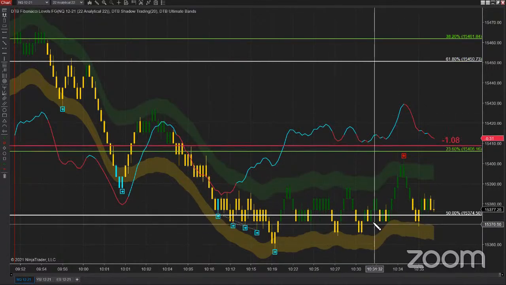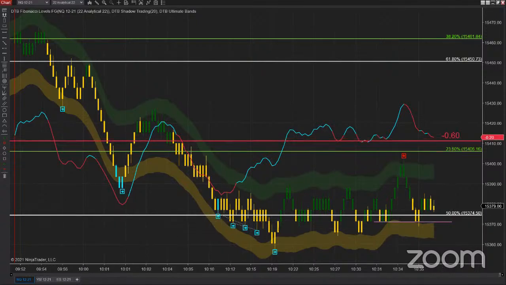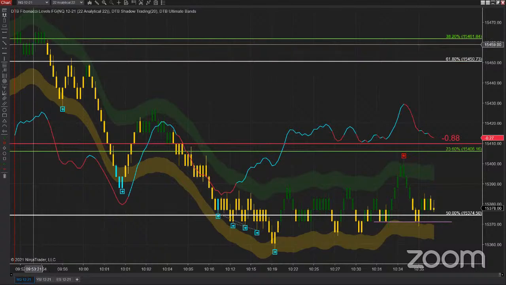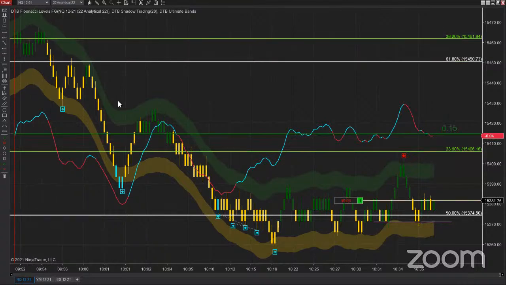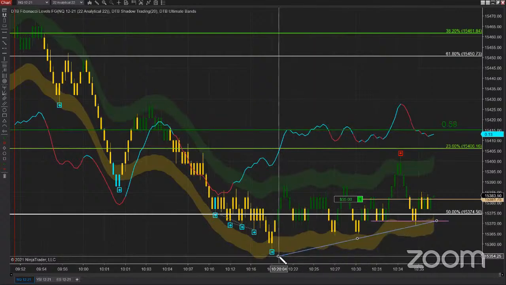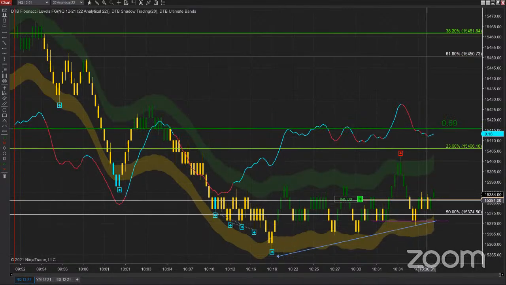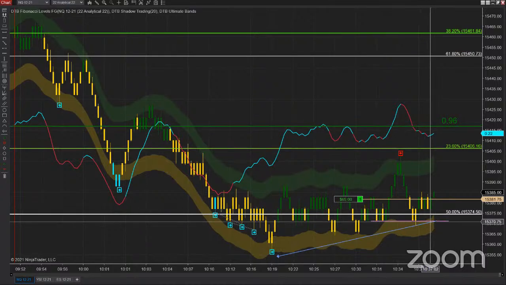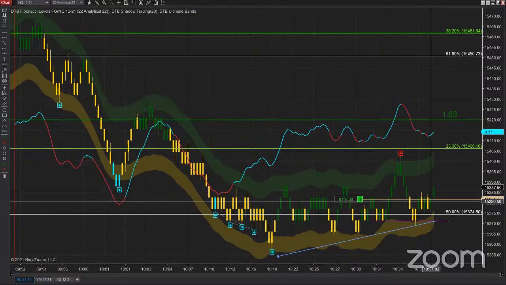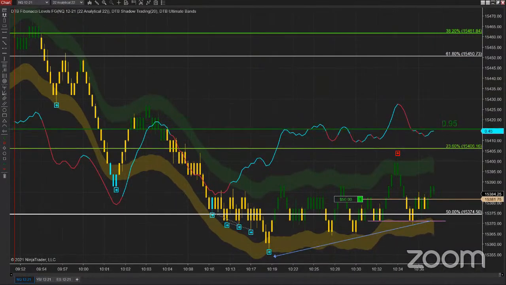So if you put a limit order over there, you could put your stop below this arrow. That's a good place to put a stop, below the arrow. And then at least you can get into a position at a decent point.